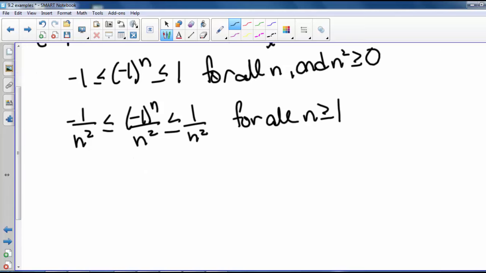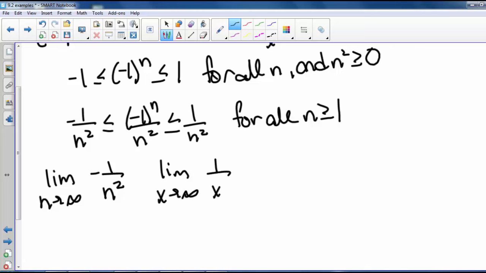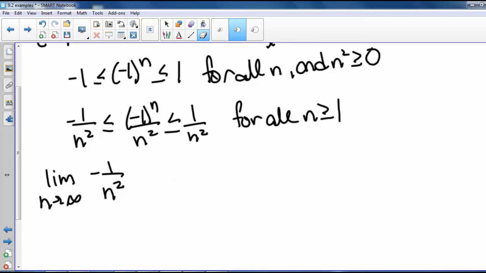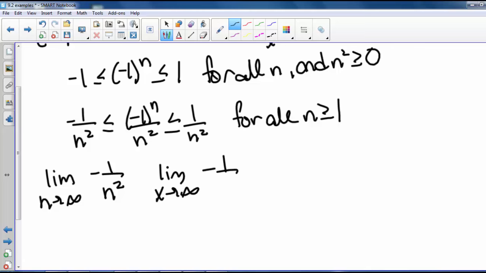And then we look at our sides. So we look at the limit as n goes to infinity of negative 1 over n squared. If we rewrite it as a function, we get the limit as x goes to infinity of negative 1 over x squared, and this equals 0.